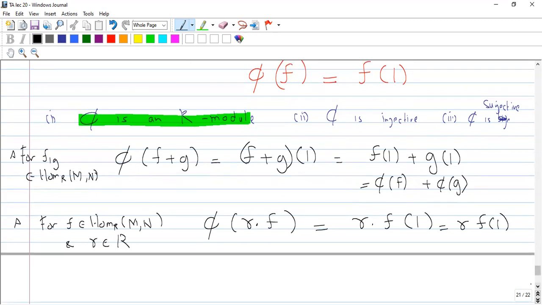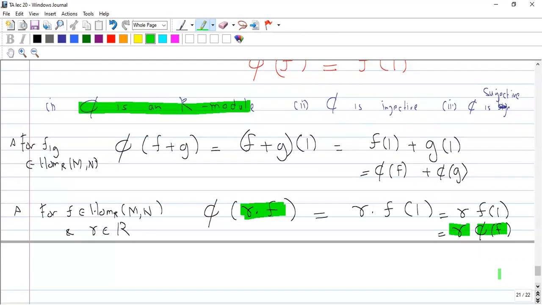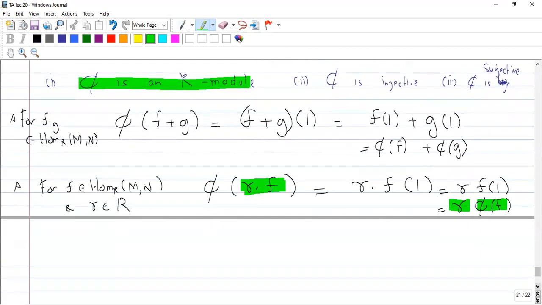I first evaluate f at 1, and what is r of f of 1? It is equal to phi of f. So again, what I proved is that if we apply phi on r dot f, it is equal to r times phi of f. So this shows that phi is an R-module homomorphism.